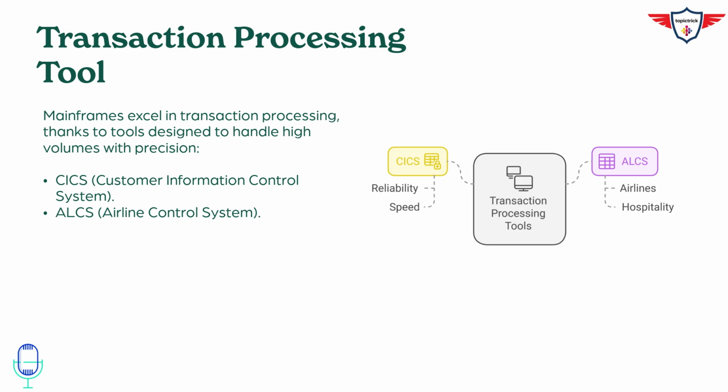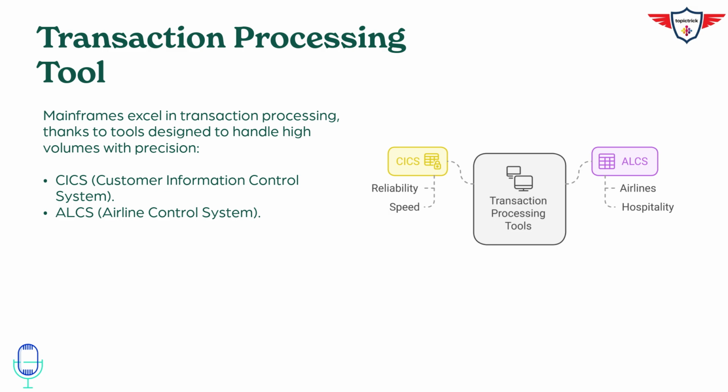Makes sense. So these sectors have unique demands: managing seat inventory, processing bookings quickly, and providing real-time updates to customers. ALCS excels in meeting those demands, making sure that travelers and hotel guests have a seamless experience. It's fascinating how these tools have evolved to address the specific needs of different industries.